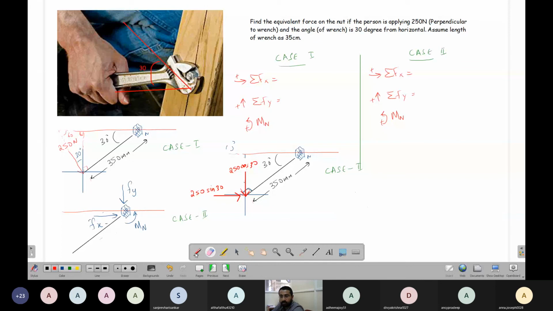Fine. So now I think we can answer that. This is case 1 again. So 250 cos 30, 250 sin 30.